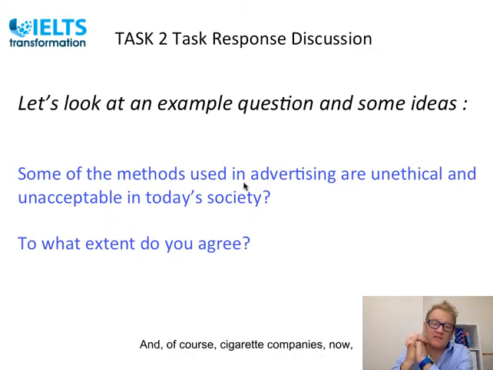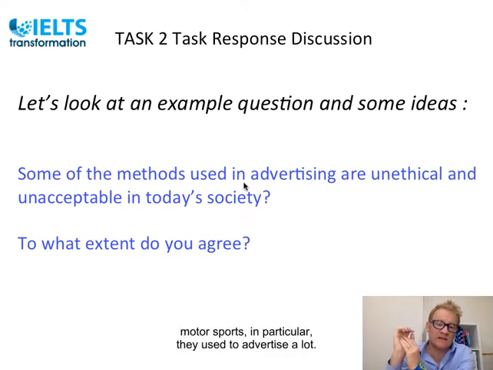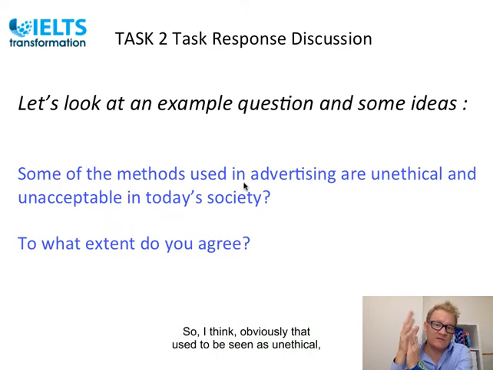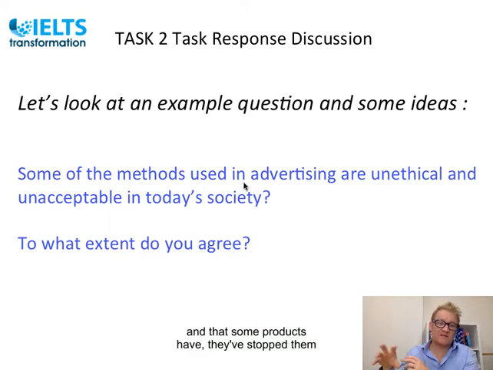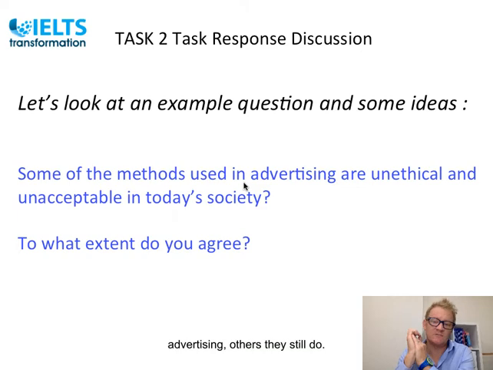And of course, cigarette companies now are not allowed to sponsor Formula 1 racing or motorbike racing or sports, basically motorsports in particular. They used to advertise a lot. So I think obviously that used to be seen as unethical and unacceptable. So here's the story, isn't it? That some products they've stopped them advertising, others they still do.